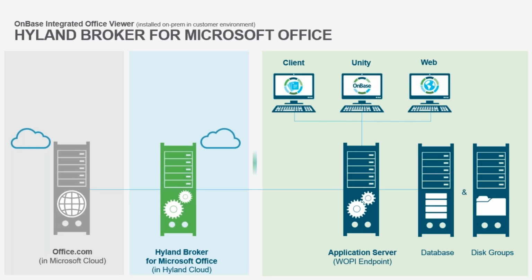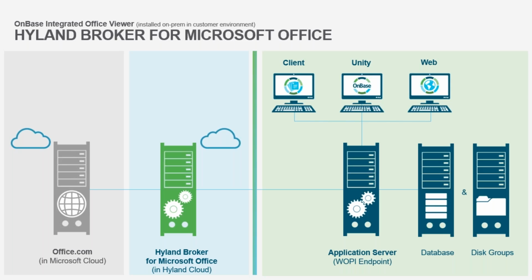So they took advantage of our Hyland Office Broker. And now here is what the architecture looks like, not to get overly technical, but we've got our traditional Onbase database and disk groups, our app server. And then we want to connect to office.com to present the document, to allow the editing and the collaboration. And so the on-prem app server connects to the Hyland broker for Microsoft Office in the Hyland cloud.